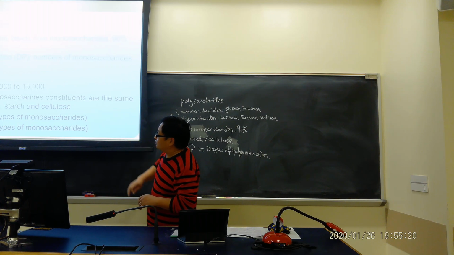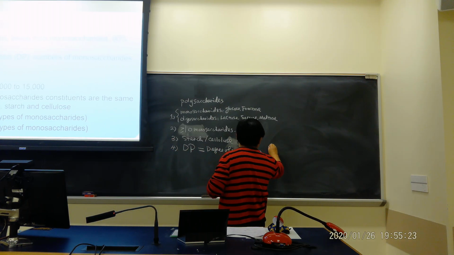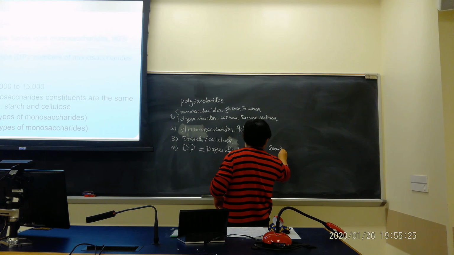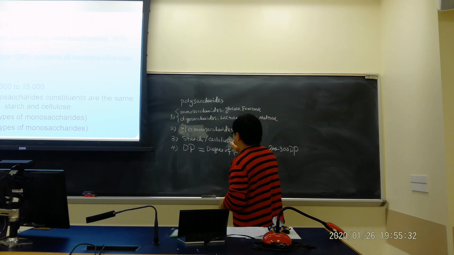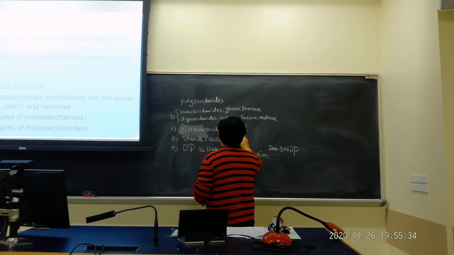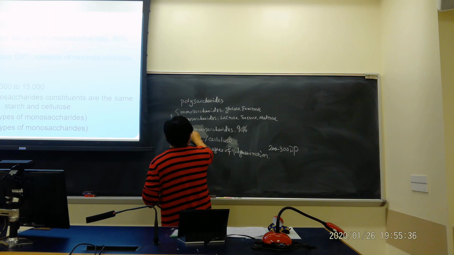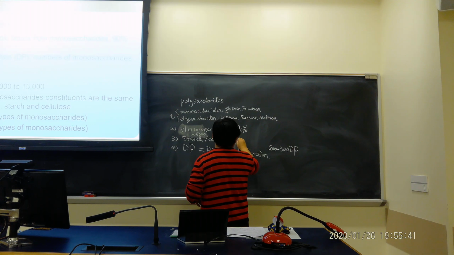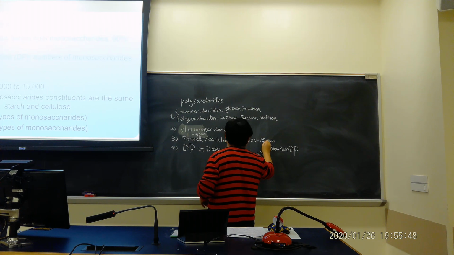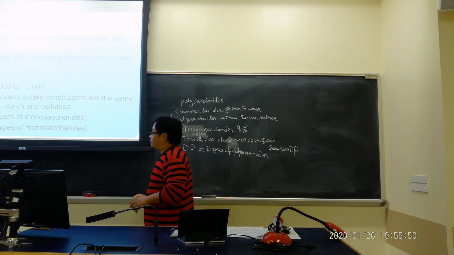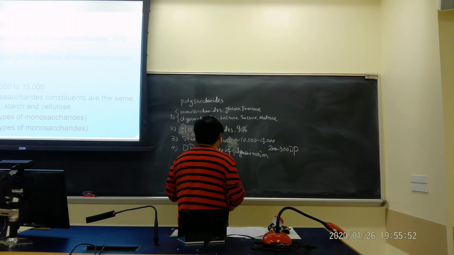Right here you can see most of them are 200 to 300 degree of polymerization. But for starch and cellulose, this is somewhere around 5,000, and this could be around 10,000 or even more than that, like 15,000. So it is a huge and large molecule.